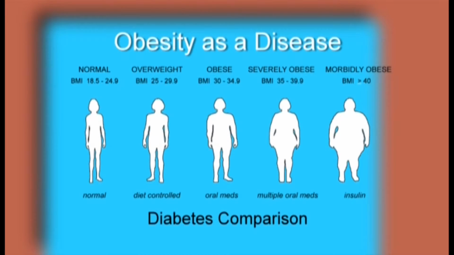So if we look at comparing obesity to diabetes, on the mild end of obesity, like diabetes, it can be controlled with just diet. You've got to watch what you eat, whether it's controlling your sugar or whether it's controlling your weight. As you progress through the stages of obesity, however, you start to require medications, like those for diabetes in that same category. And at the most severe form of diabetes, you require insulin to control your sugar.